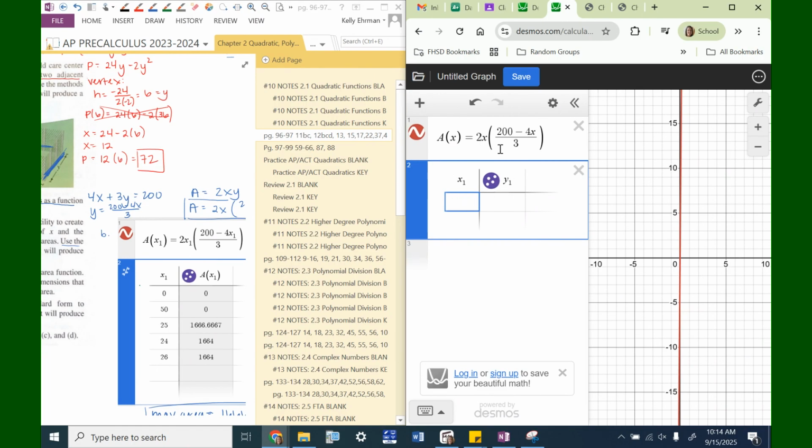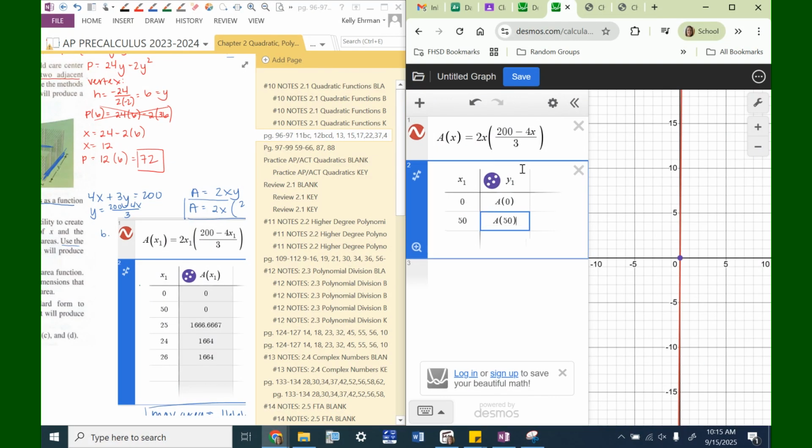I need to think about what the domain is here. You can't have anything negative for x, so our domain should start at 0. So we have 0, A of 0. And then I'm trying to think of where the other 0 is. So 200 minus 4x would need to be greater than 0 as well, because you don't want a negative for that dimension. So if you solve that, you get 50.